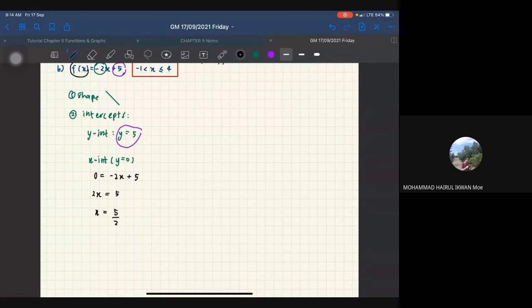So bila dah ada kedua-dua nilai ni, awak dah tahu shape and you also know your intercepts. So sekarang awak dah boleh terus lukis graf. So saya buat besar sikit yang ni. Buat x dengan y axis. Okay, and don't forget to label your axis. Kalau awak buat dalam soalan subjektif, if let's say you didn't label your x and also y axis and also this 0 origin over here, awak akan hilang satu markah.